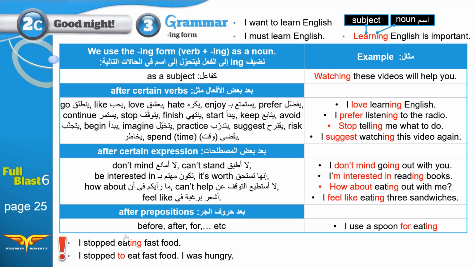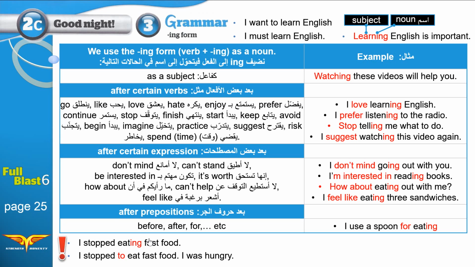Now listen to me very carefully. I stopped eating fast food. That means I was told that fast food is unhealthy, so I stopped doing that. No more in my life I will ever eat fast food. Okay? I quit.